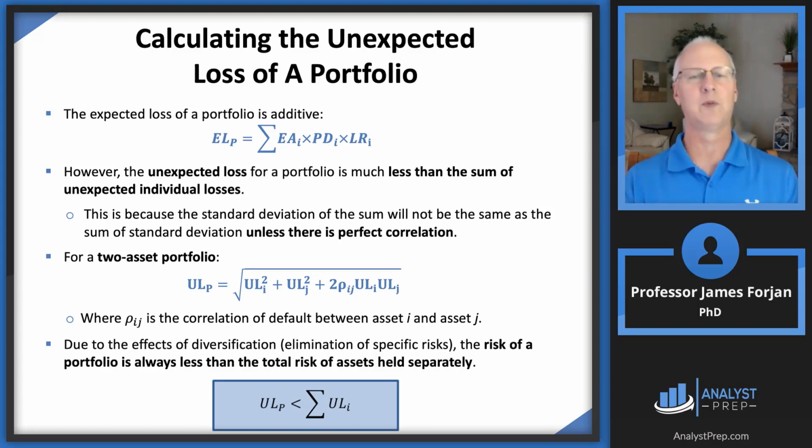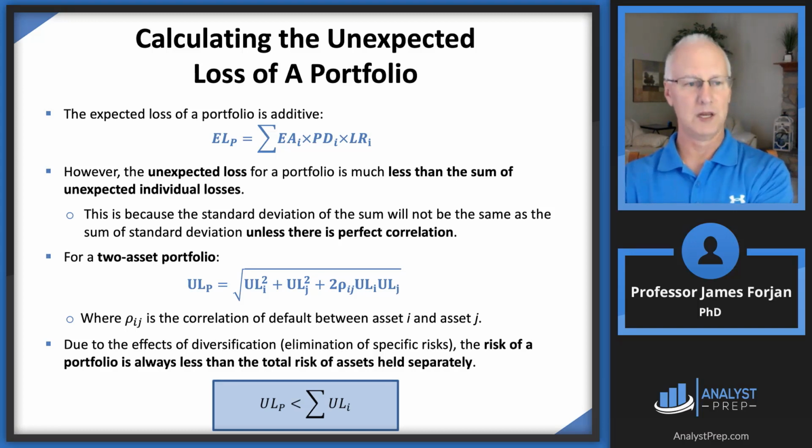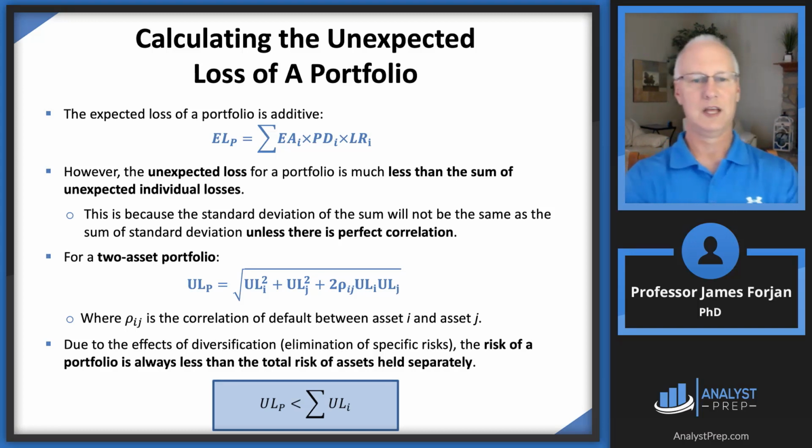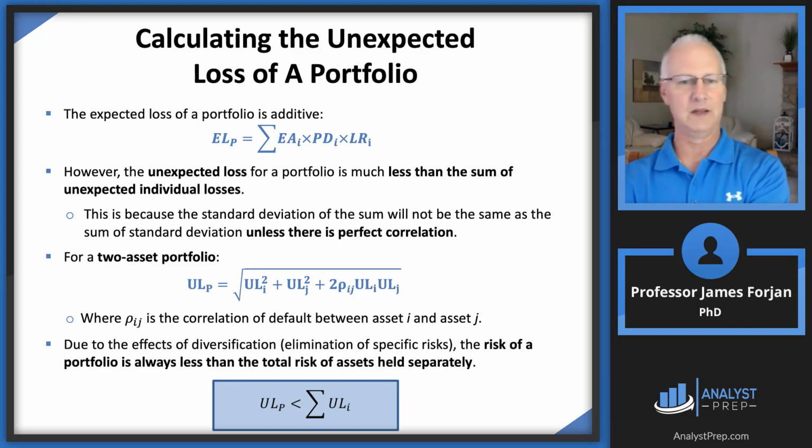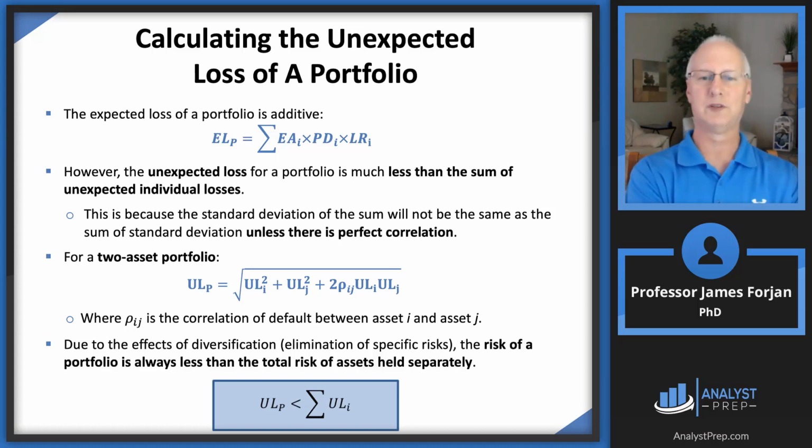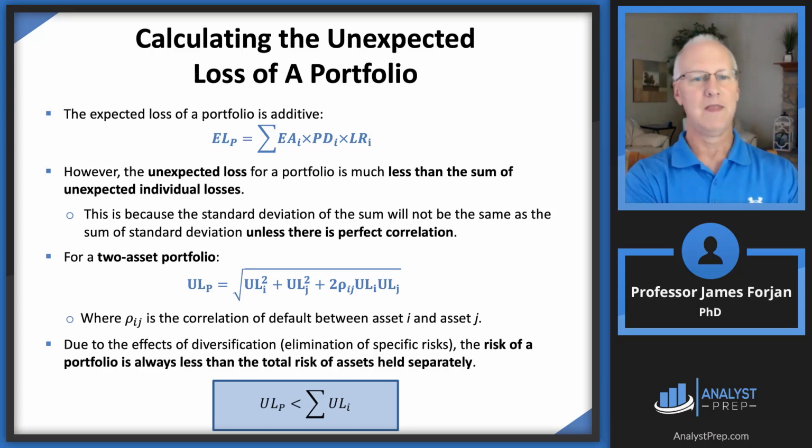And of course, this makes perfect sense. If you have two businesses inside of a city or a county, and there's some economic stress in this area, if one suffers a loss and decides not to repay the loan, then the other is probably exposed to the same economic conditions, and so there's going to be correlation in there.